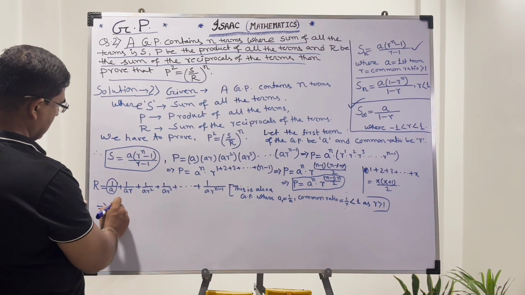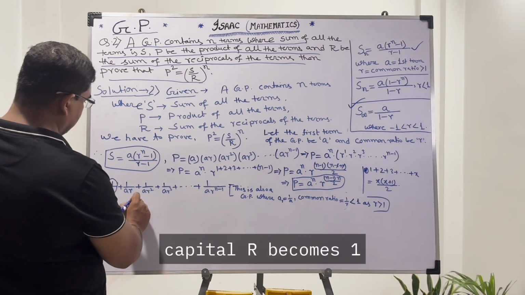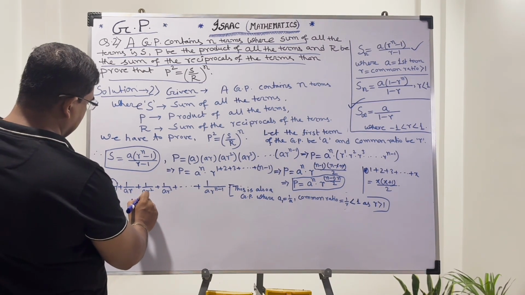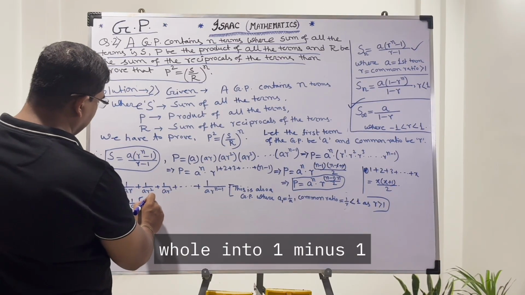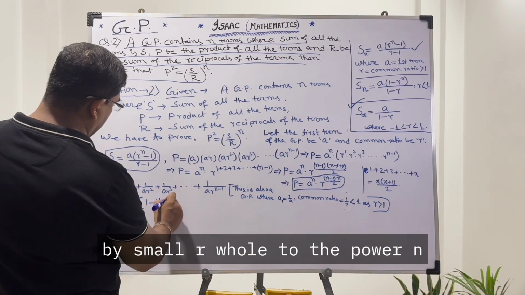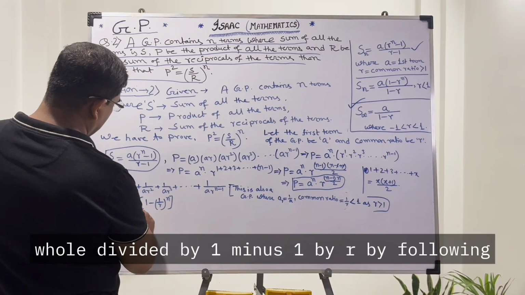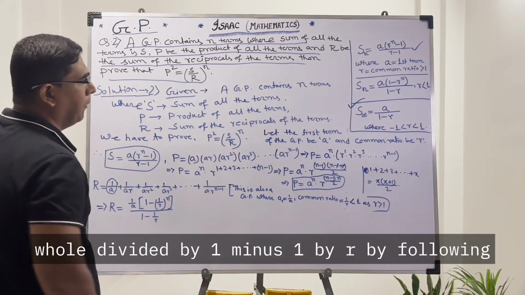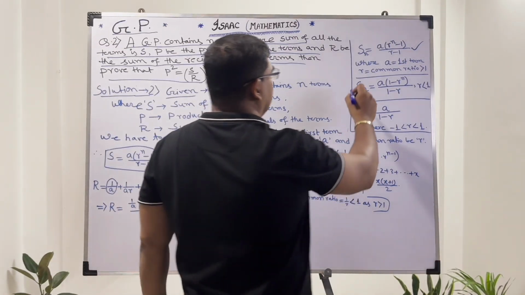So, capital R becomes 1 by A whole into 1 minus 1 by small r whole to the power n whole divided by 1 minus 1 by r, by following this formula.